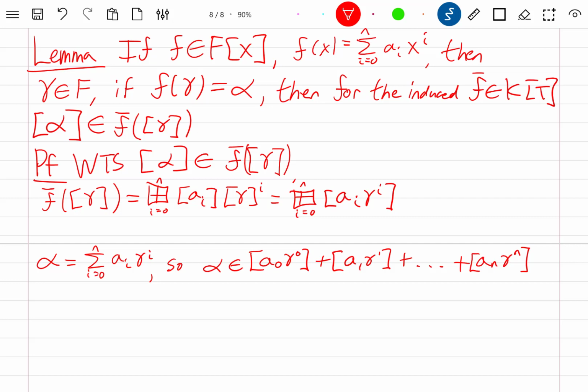And if we recall how quotient hyperfields work, since alpha can be written as this sum, each of these elements is part of this hypersum, and this implies that the equivalence class of alpha is in my hypersum.